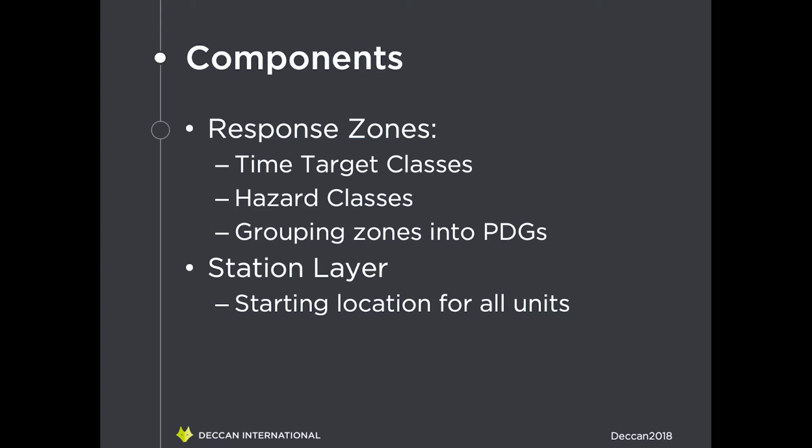And grouping zones into PDGs, which are geographic boundaries within the application. Typically a PDG layer is a station first due, because most of the time a department wants to know how this station's first due area is performing, and how it is performing compared to another one.